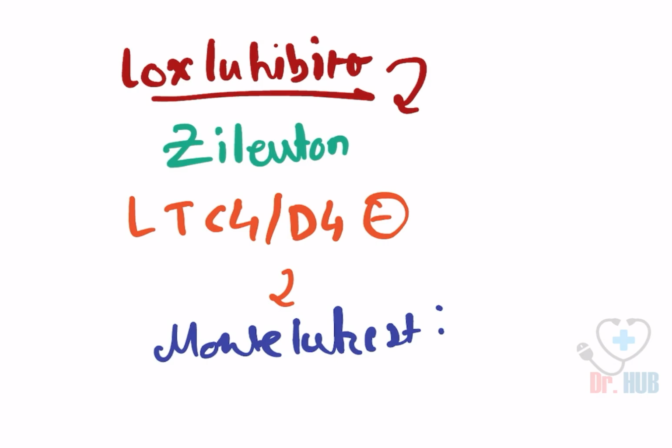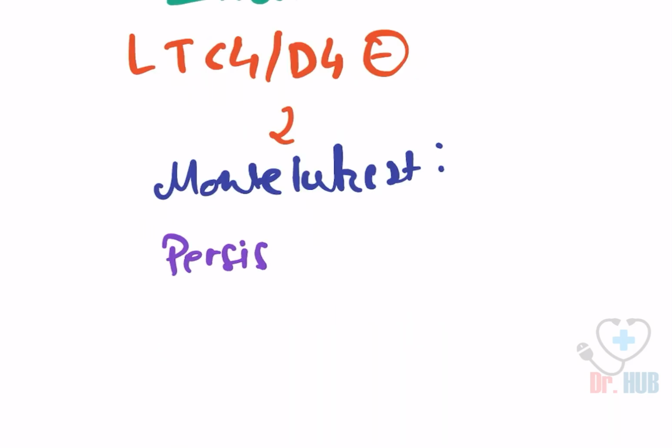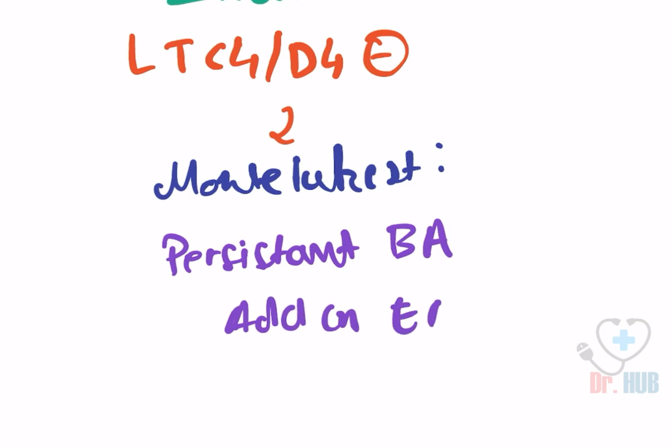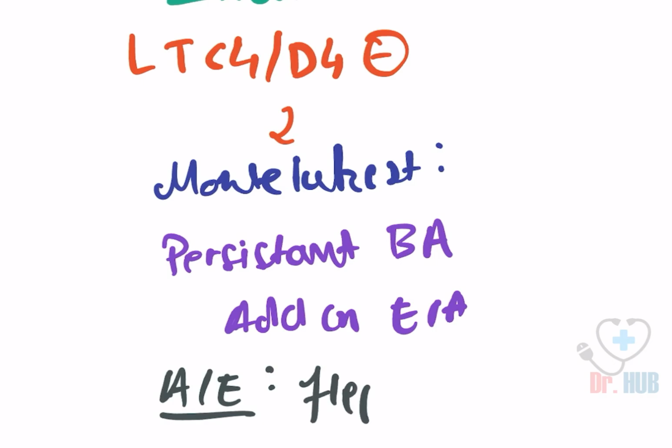So what it does is, the use is the persistent bronchial asthma. So here, to add on the EIA. Next, the adverse effect being it is hepatotoxic.